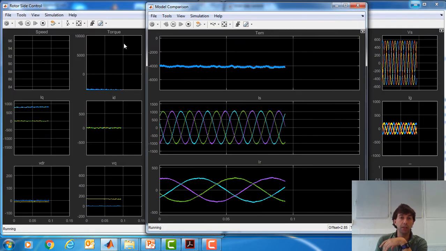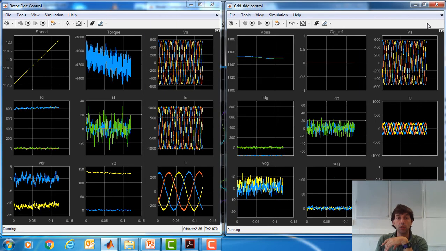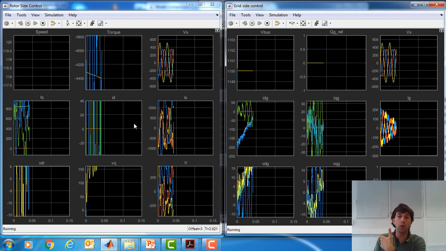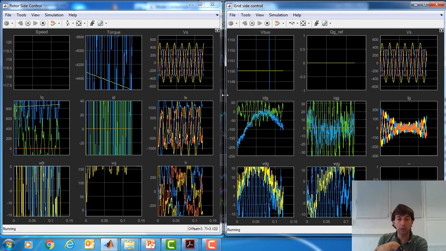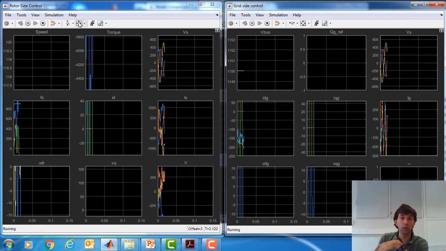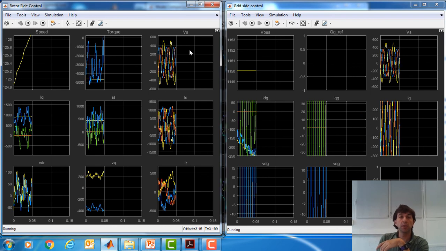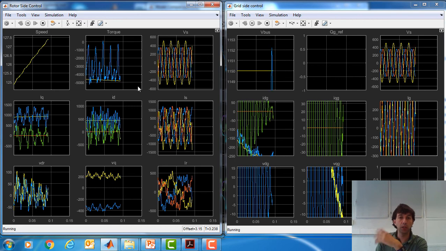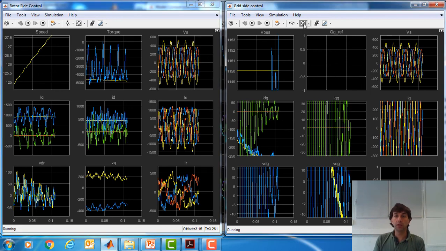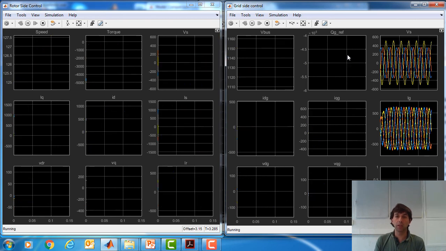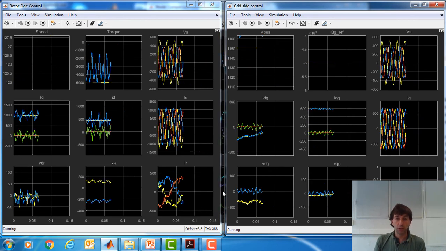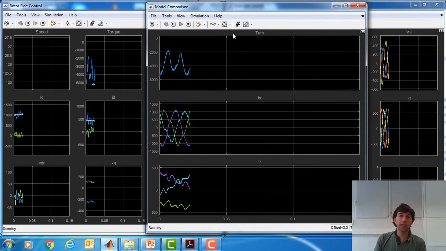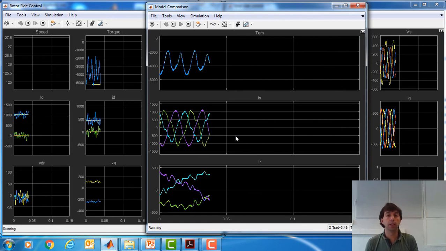So let's wait until the program is finished so we can see the voltage dip, the asymmetrical voltage dip, and we will see how in all the conditions now it seems that it has occurred. Here it is, the asymmetrical voltage dip. The wind turbine is working with the imbalance and with the difficulties created by this voltage dip or this perturbation, but it seems, or at least it should, that both models are performing in an equivalent manner.